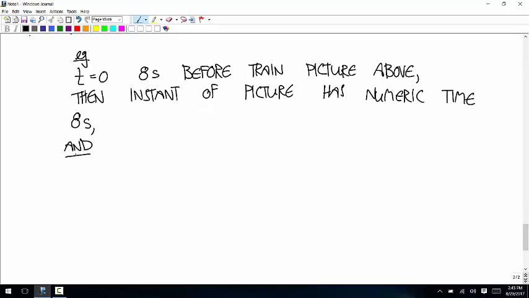And that means that you can plot the position and the time of that train on a position versus time graph at that instant. So you can now plot it on a position versus time graph.